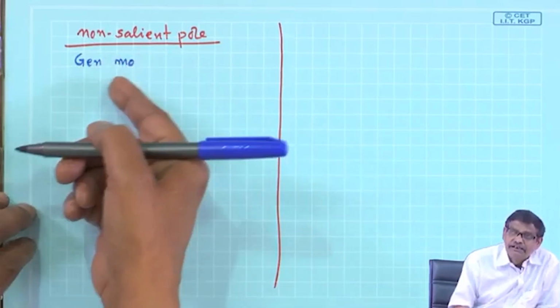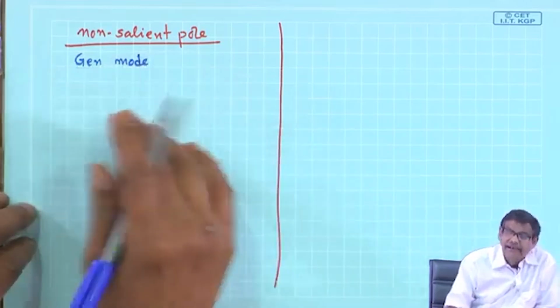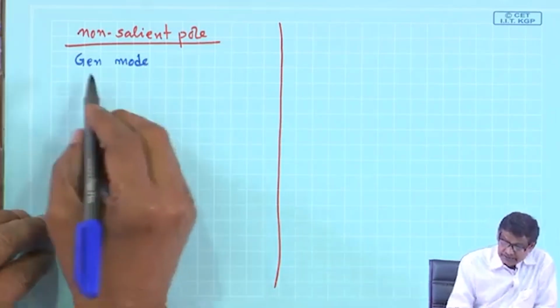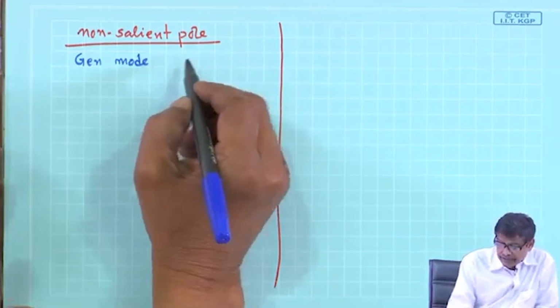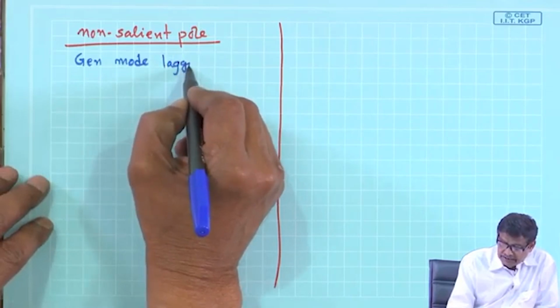I am revisiting those basic ideas, but in the light of what I have discussed in salient pole machines as well: generator mode and lagging power factor.